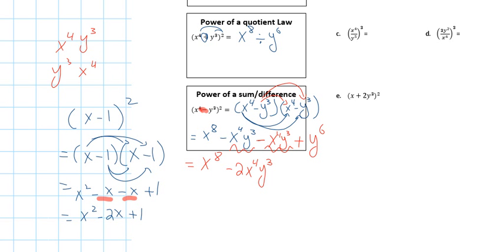So I used to take the coefficient, in this case negative 1, and add or subtract the coefficient. So in this case, negative 1 minus 1 is negative 2. I have the same thing here. I have negative 1 x^4 y^3 and negative 1 x^4 y^3. So that gives me negative 2 x^4 y^3. And then my last term is going to stay as y to the 6.